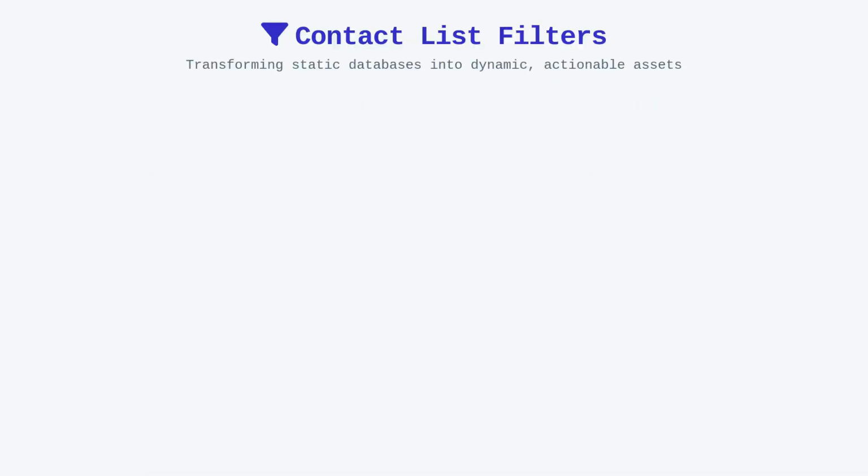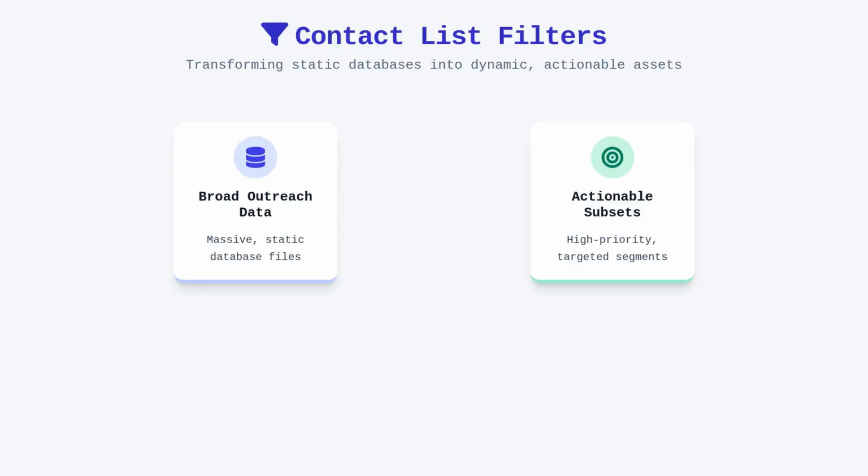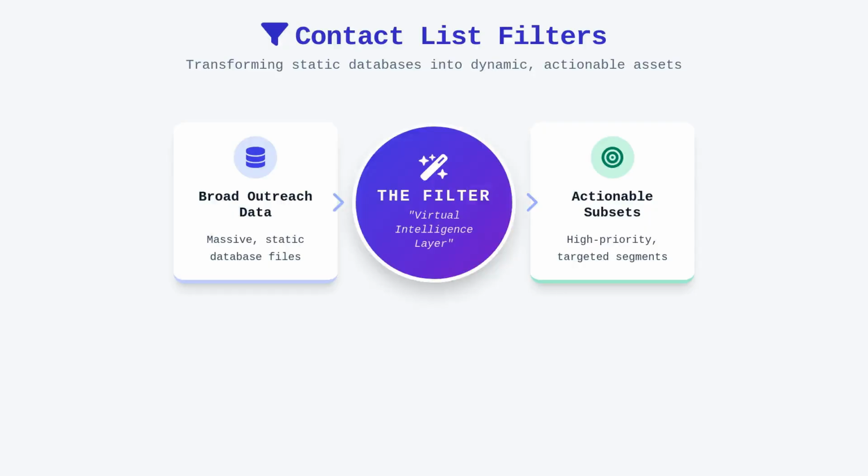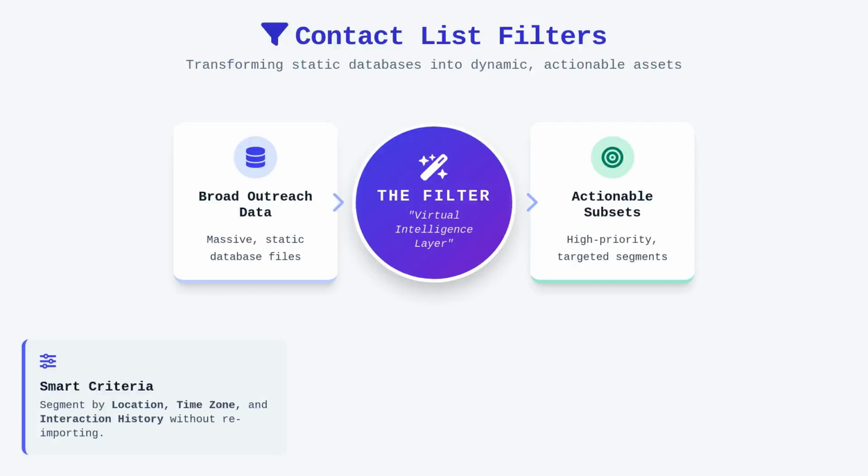Contact list filters serve as a critical secondary layer of intelligence, enabling you to segment your broad outreach data into actionable subsets without requiring a complete upload or re-import of your database. A filter acts as a virtual view over your contact list, where you define criteria based on contact attributes such as location, time zone, or prior interaction history.